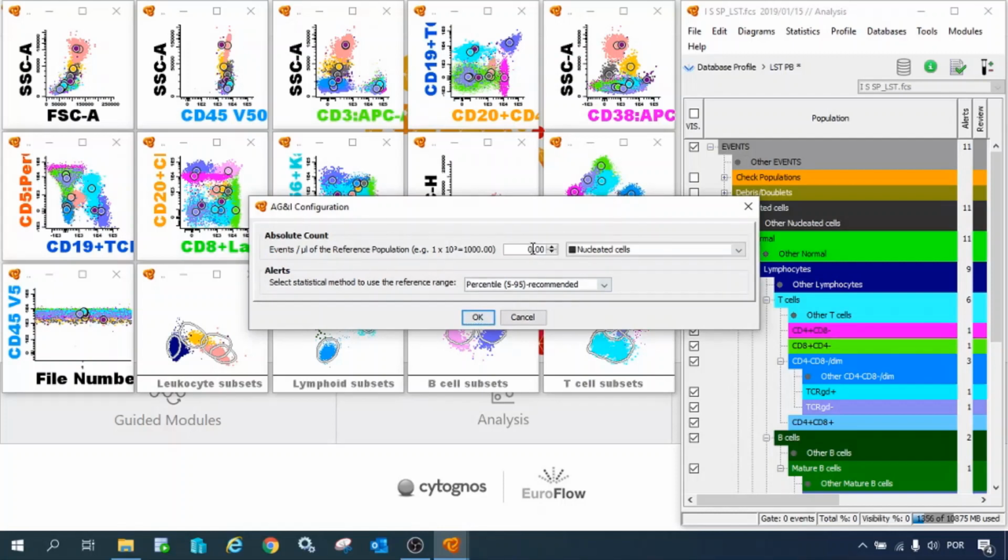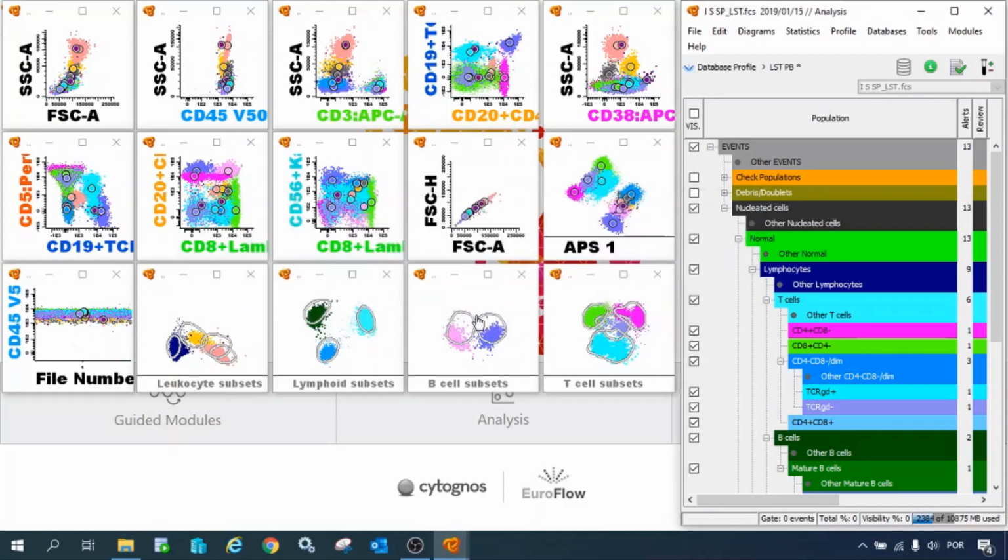It then reminds me that I have to fill in the absolute numbers, 2,700 leukocytes. And we are now ready to start our check populations.